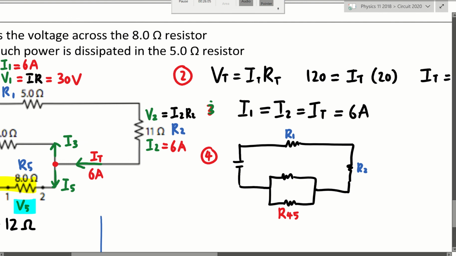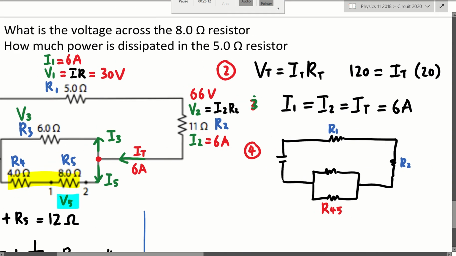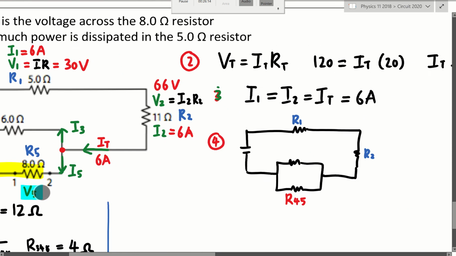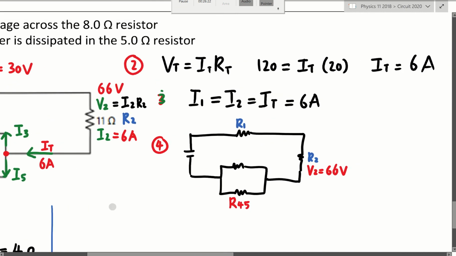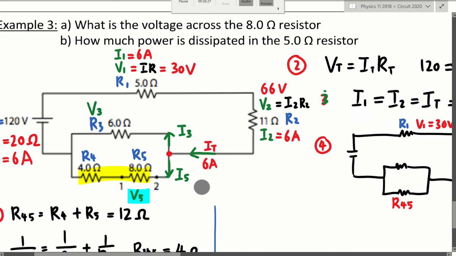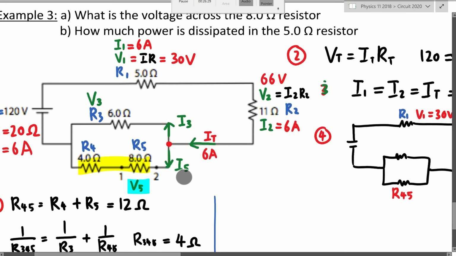So V2 is 66 volts. This looks like a mess right now, so I'm going to draw them in this picture. V2 is 66 volts, V1 is 30 volts, and the battery is 120 volts.